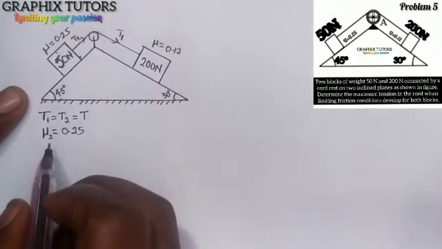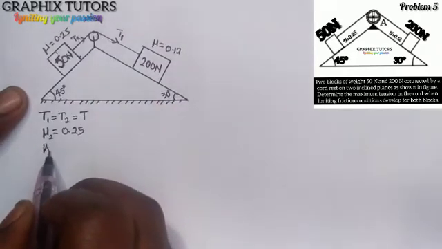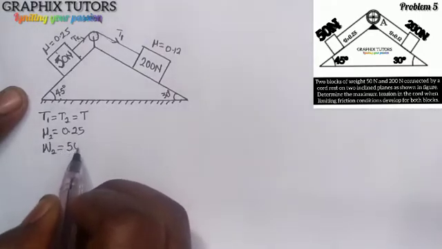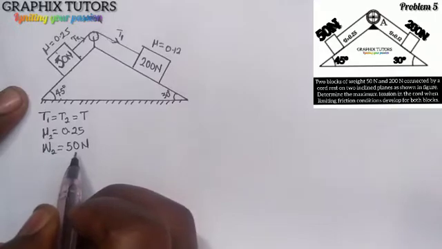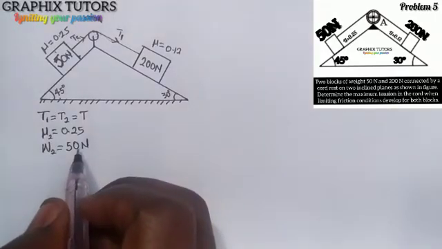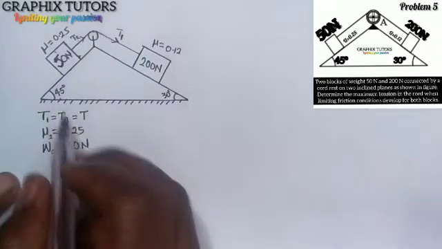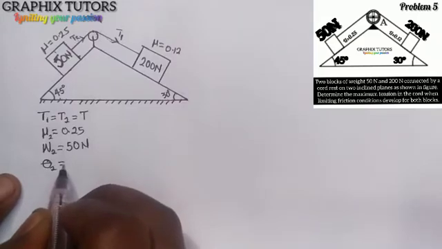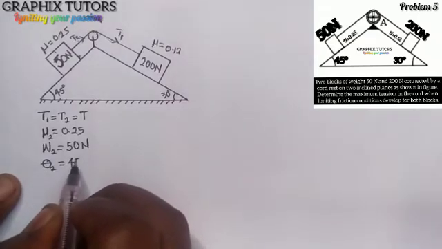Now we move forward. We have W2, which is the weight, and that is 50 Newton, right? Similarly, we also have the angle, theta 2, which is 45 degrees.